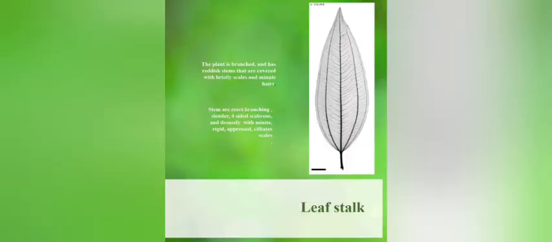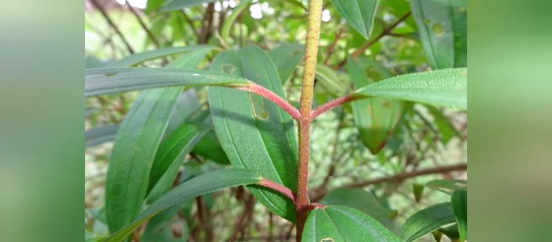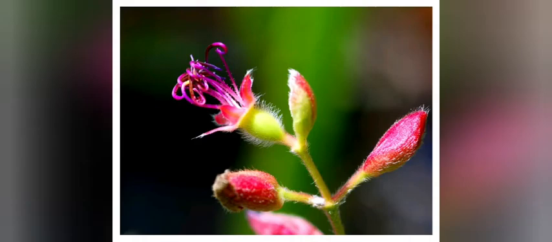The plant is branched and has radius stems that are covered with bristly scales and minute hair. Stems are erect, branching, slender, 4-sided, scabrous, and densely covered with minute rigid appressed ciliate scales.